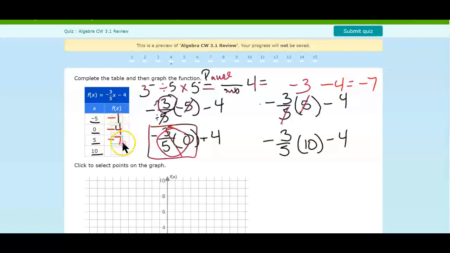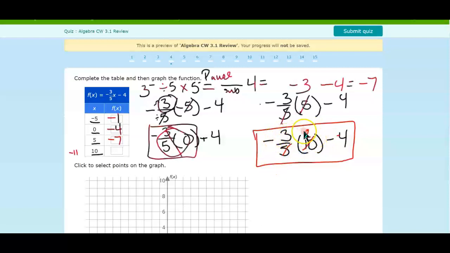And I now see a pattern. I might predict and guess, I think this might be negative 11, but I do still need to write out this frame at minimum for the full written credit. And I recommend still using your calculator or calculating this out to verify your prediction. 10 divided by 5 is 2.